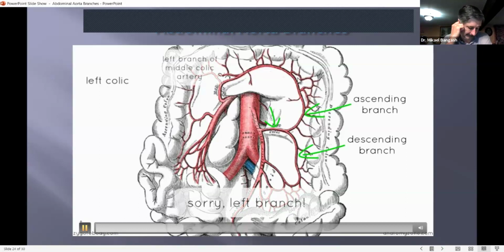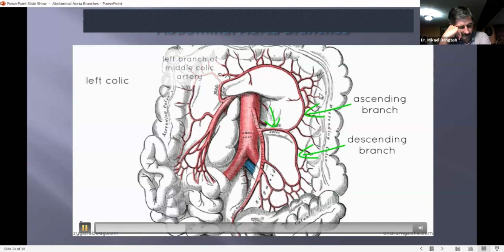It vascularizes part of the descending colon, then goes intraperitoneal into the transverse mesocolon and vascularizes the distal third of the transverse colon. The descending branch descends along the descending colon, sends off branches to supply it, and anastomoses with the next branch down.